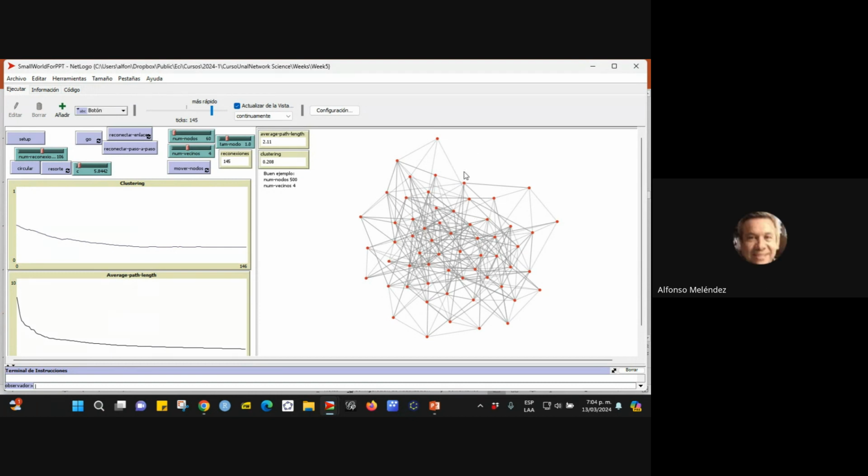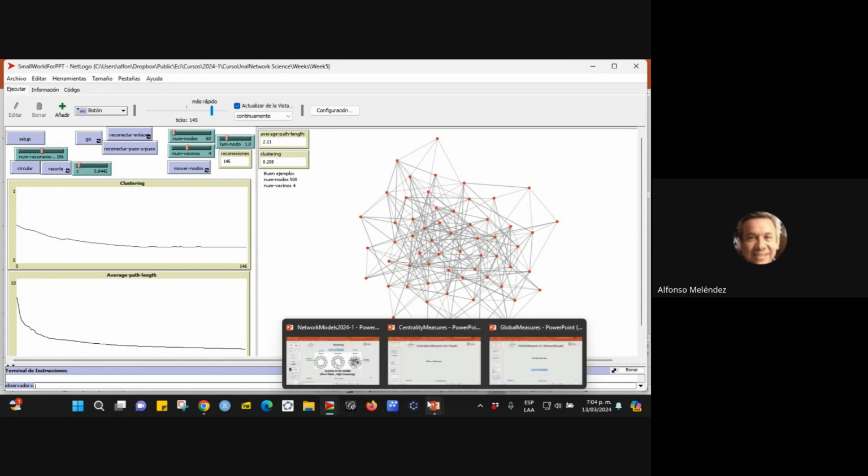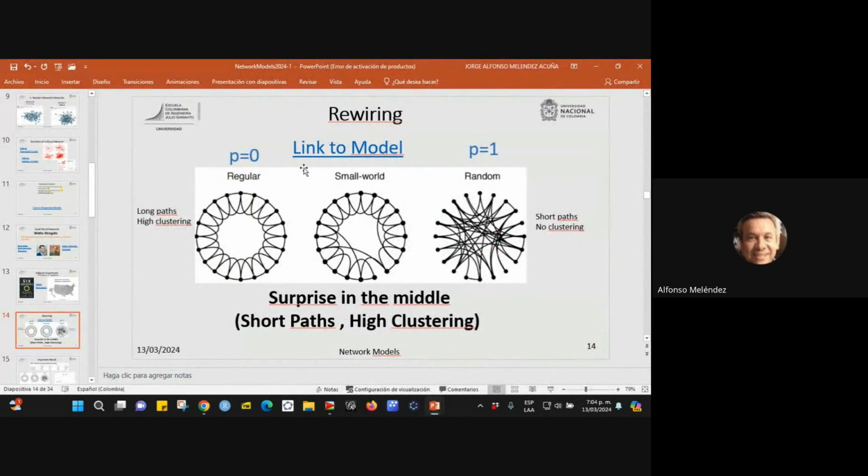Okay, it's not easy, but what can help you is to see these two parameters. It depends on the network, but when you are satisfied that you preserve the clustering and have a short path length, you say, I'm going to stop here. I have a small world network. The difference is not clear, but what they discovered was a band here.